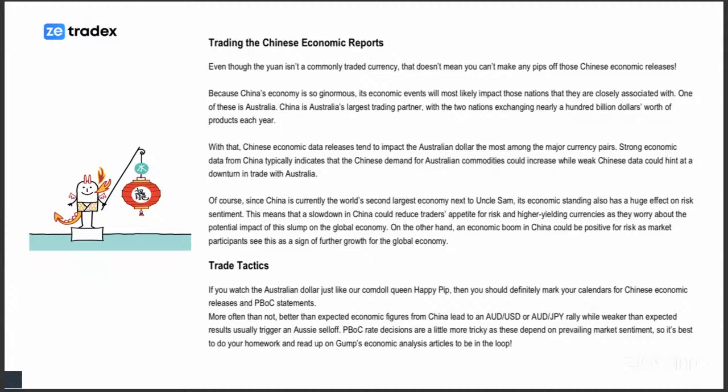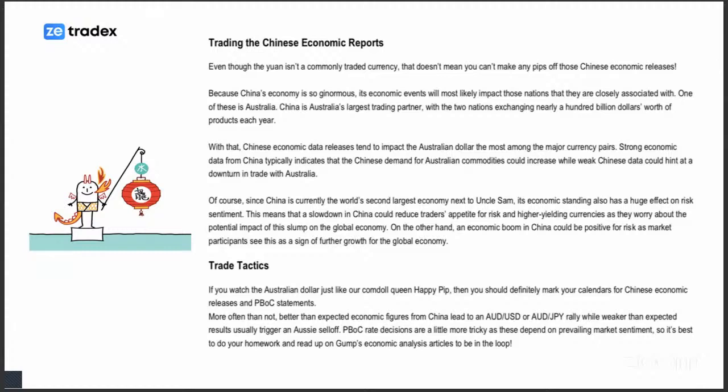Now, trade tactics. The Australian dollar, just like every other currency pair, usually has upside momentum when they see Chinese economic releases and PBOC statements. More often than not, better than expected economic figures from China will lead to an AUD-USD or AUD-JPY rally, while weaker than expected results usually trigger an Aussie sell-off.